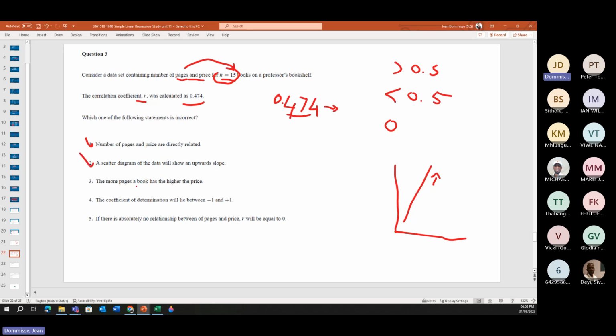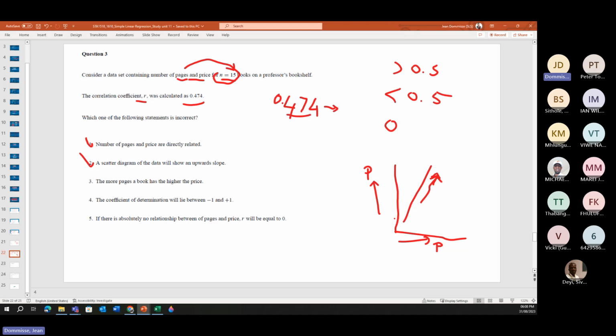The more pages a book has, the higher the price. Interesting one. Yes or no? Yes. Perfect. So because it's a positive slope, more pages, the higher the price.